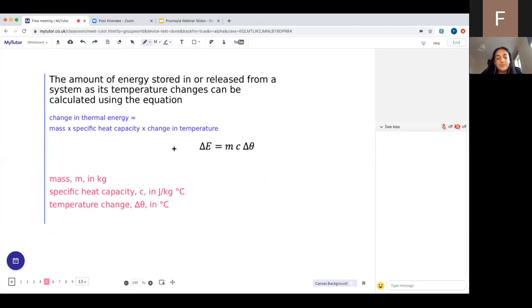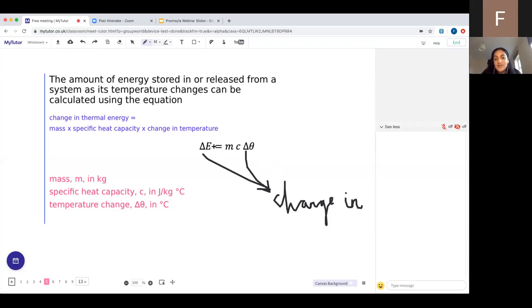So delta E, remember delta, which you can see here and here, is the triangle, which means change in something. So for the left-hand side of the equation, it means the change in thermal energy. Okay, so that E is energy, but specifically thermal energy.